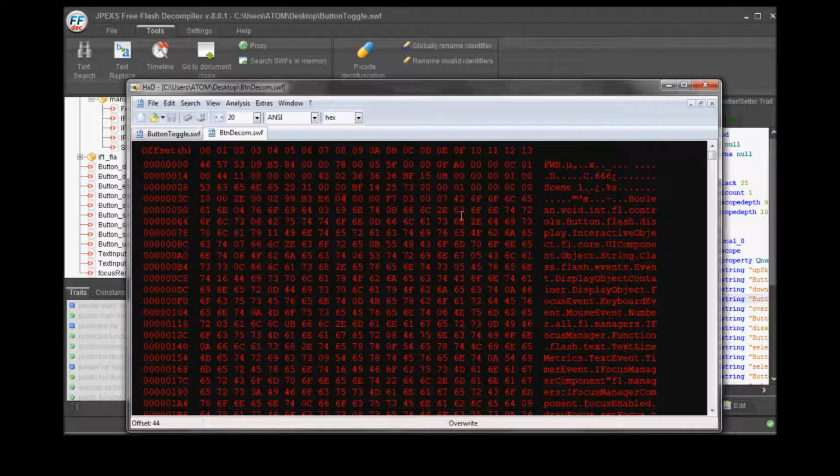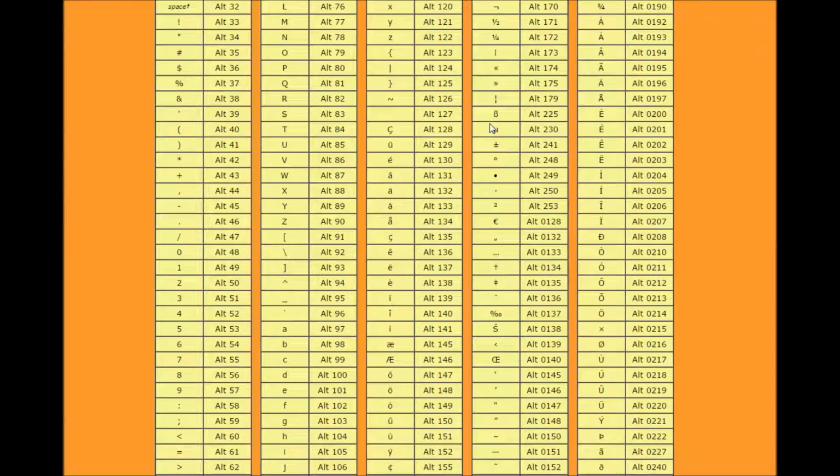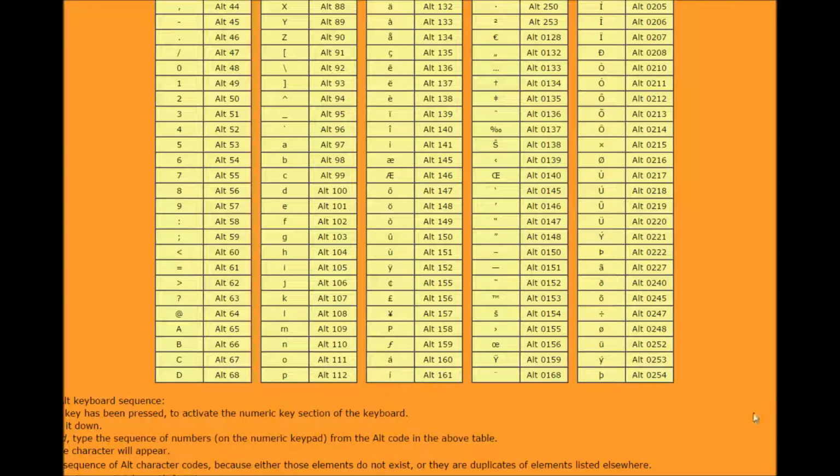Okay, what you're going to want to do is find some special characters, which could be most of these. If you want to put maybe this, or just something that's not common.